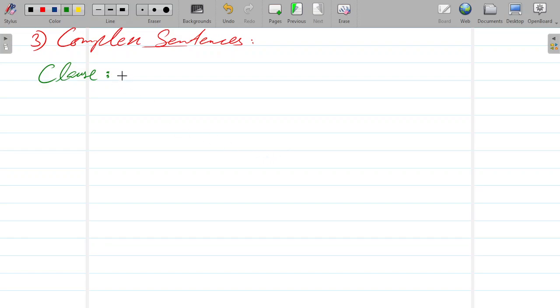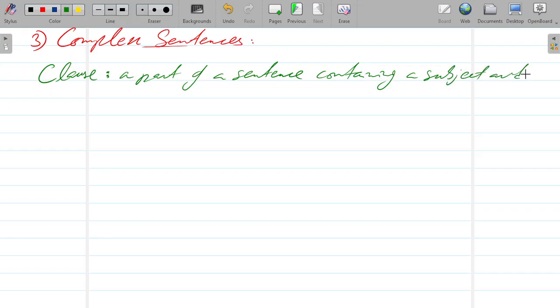So a clause is a part of a sentence containing a subject and a verb, and possibly an object, depending on the kind of verb you have. Now, within a clause, you've got 2 types.